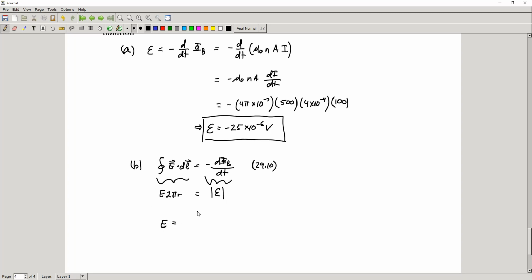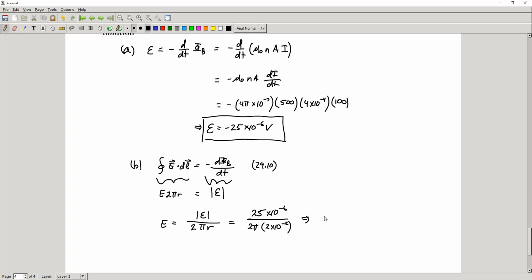E is just going to be the magnitude of our induced EMF, which we calculated above, over 2 pi r. Again, we can just substitute in values, so we're going to get 25 times 10 to the minus 6, and I've dropped the minus sign here because we have our absolute value, we're only looking for magnitude, over 2 pi, and this is going to be our new radius, which we need in meters, so 2 times 10 to the minus 2 meters, because it's 2 centimeters.